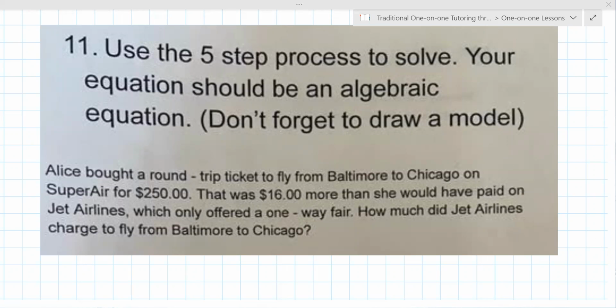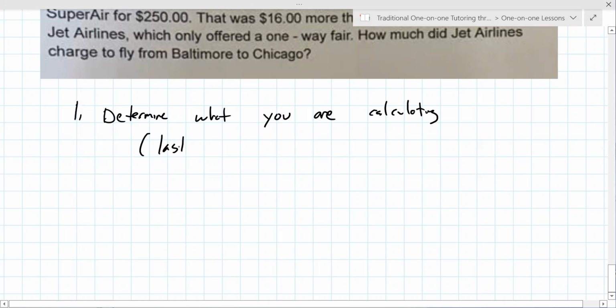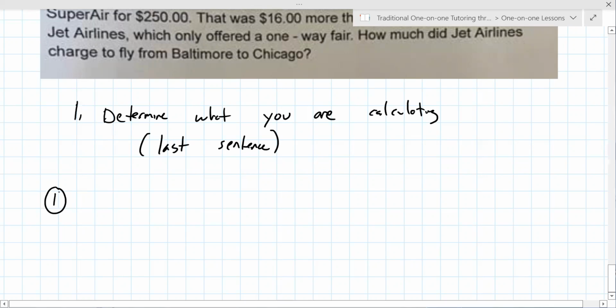So the first step is to, and I'm not sure exactly how your instructor would word this, determine what you are calculating. Yeah. And it's generally the last sentence. Now, you have a lot of room on your page, I'm guessing. So you want to say either one with a circle, or step 1, underlined.